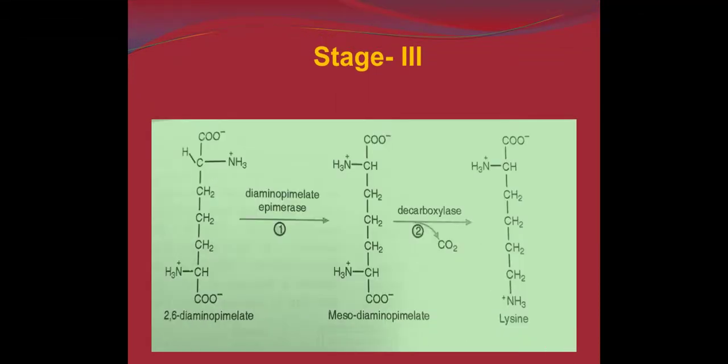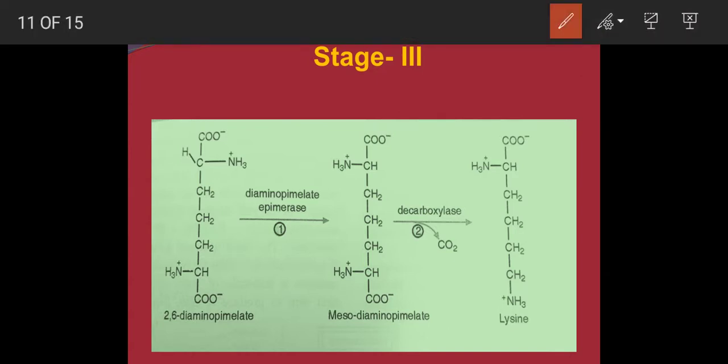In stage third, this 2,6-diaminopimelate is converted to lysine by a two-step reaction. In step first, diaminopimelate epimerase enzyme introduces an isomeric change and it produces the meso form, meso-diaminopimelate. This meso form is then decarboxylated by the enzyme diaminopimelate decarboxylase, converting this meso form into lysine.